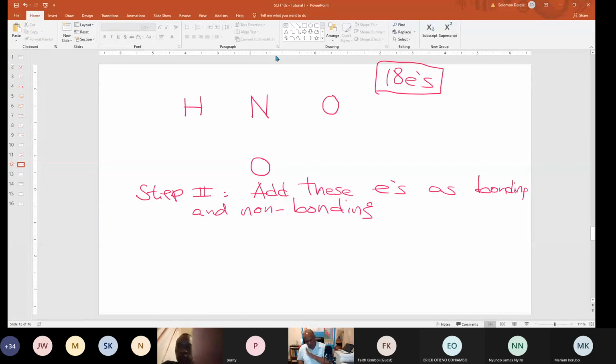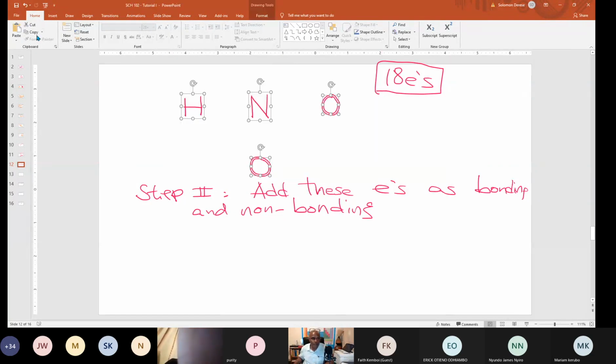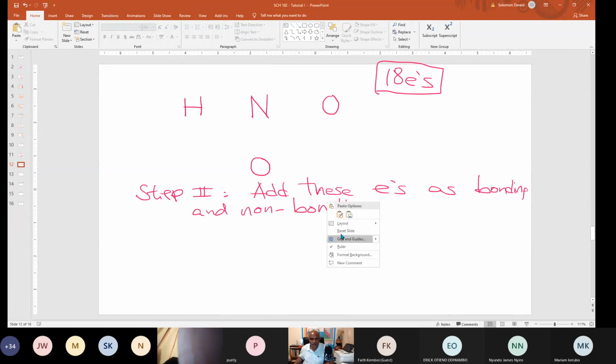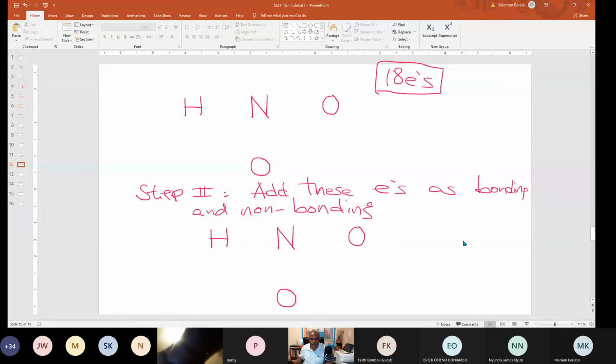Non-bonding means those electrons belong only to that particular element. So we use these electrons first to form bonds. We have formed a bond between the hydrogen and the nitrogen, and between the nitrogen and each oxygen.